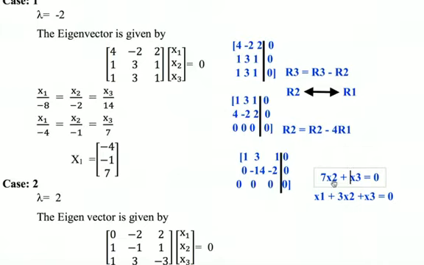So if you take the x2 value to be minus 1, x3 is 7. That is what happened here. Now if you substitute minus 1 and 7 in this equation, you will get x1 to be minus 4.